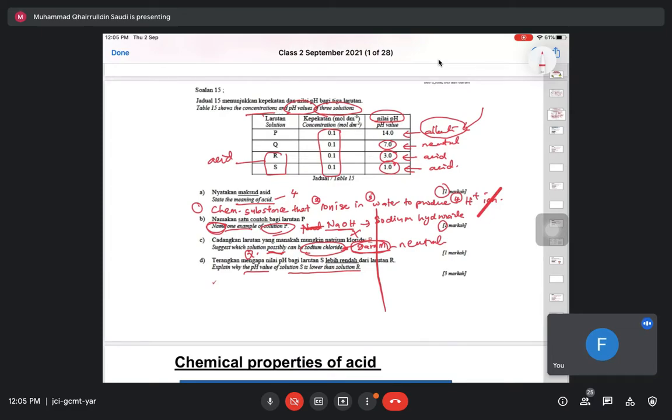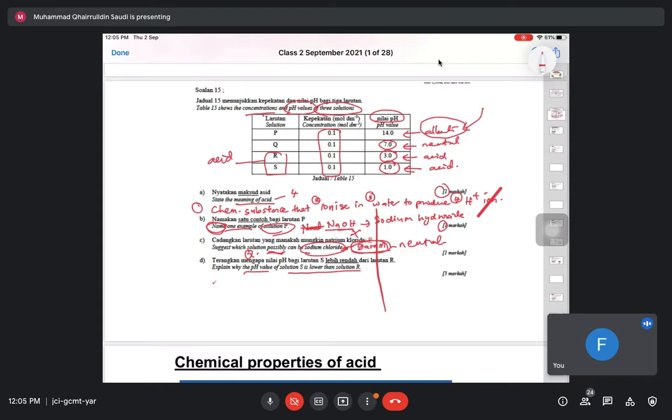So S solution is a strong acid while R solution is a weak acid. So that is the first point. The second, S solution ionized completely in water to produce hydrogen ion.